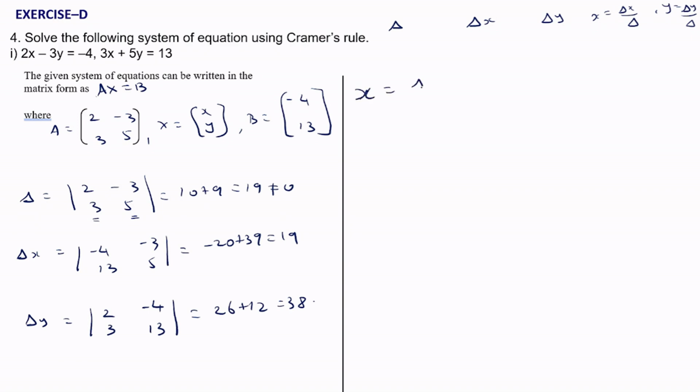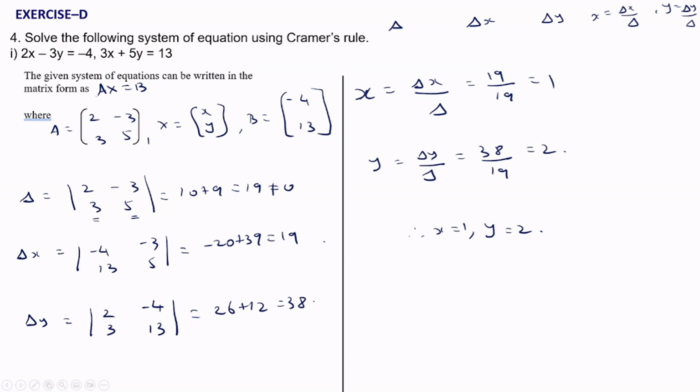So we have x as delta x by delta, so it is 19 by 19 equal to 1, and y as delta y by delta equal to 38 by 19 equal to 2. Therefore x equal to 1 and y equal to 2. So this is the solution for the given system of equations.